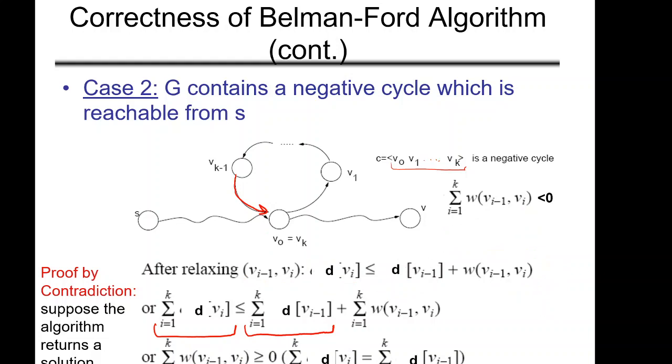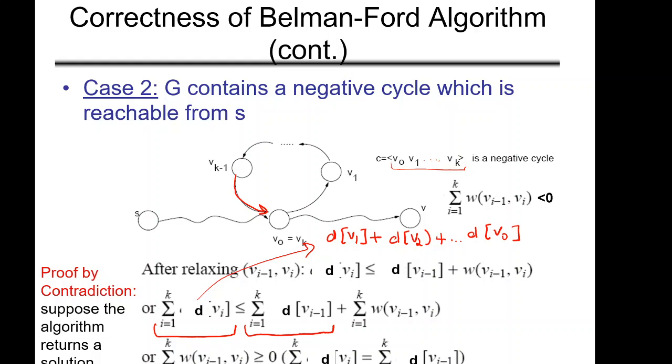So what is the sum of d of vi? It is d of v1 plus d of v2, plus up to d of vk. What is d of vk? d of vk is actually d of v0, so let me write 0 instead of k. This is the elaboration of this term.